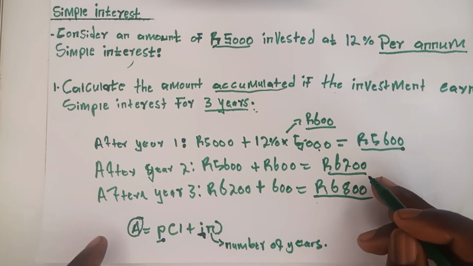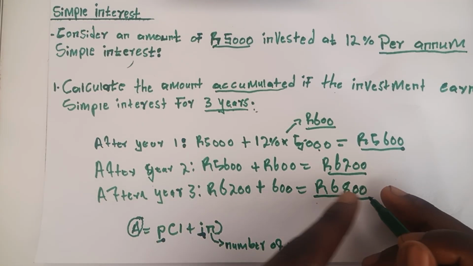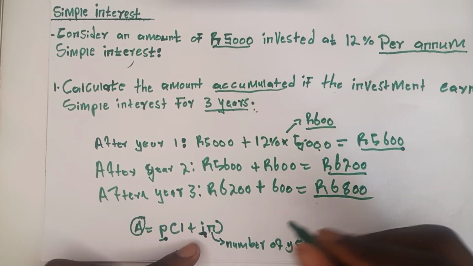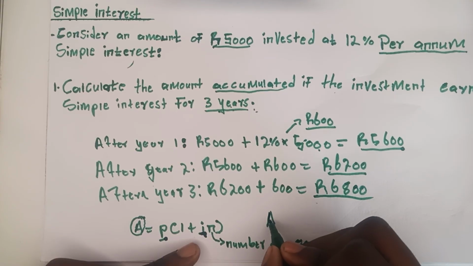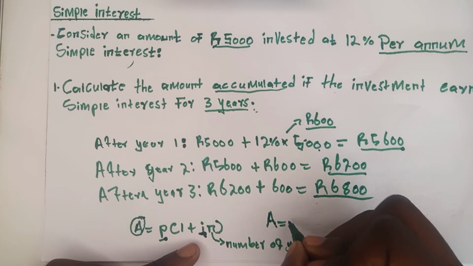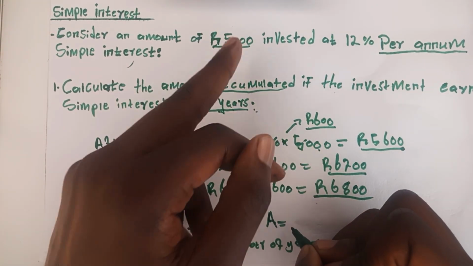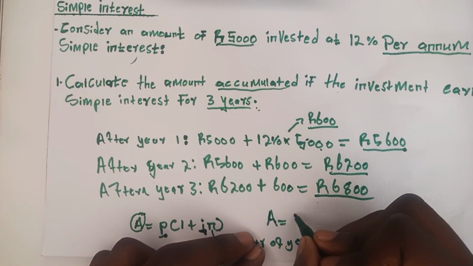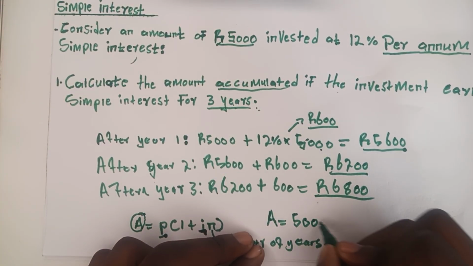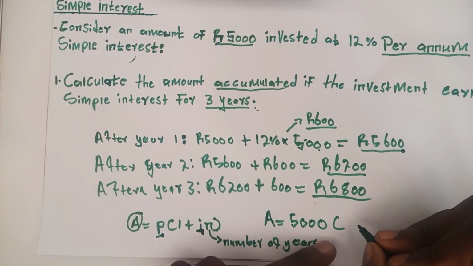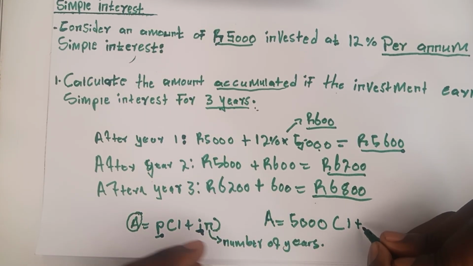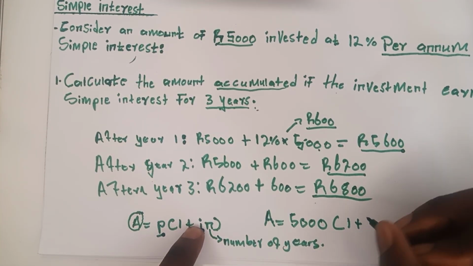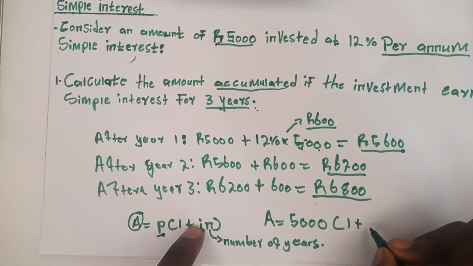So here's how you would have arrived at this answer using this formula. The accumulated amount will be A is equal to our principal amount, or another way of saying it, the initial amount, which was 5,000. Then you open the bracket, 1 plus i, which is the interest, and our interest was 12%.